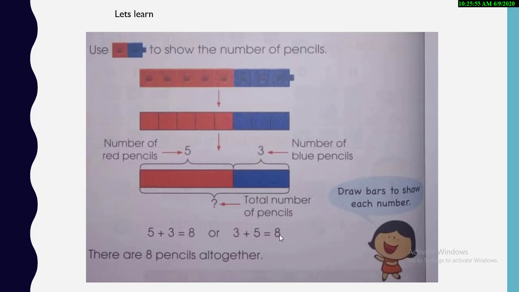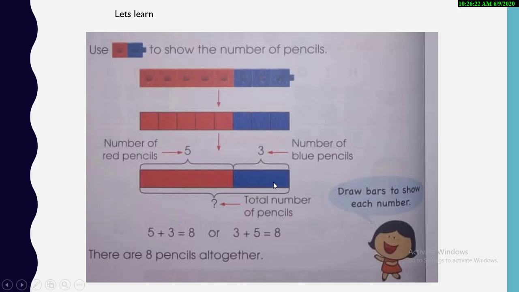But in subtraction, it's not possible. If you change the places of the numbers, your answer will be wrong. So this strategy you can use only in addition. You can change the places of the numbers like 5 plus 3 and 3 plus 5, but the answer is 8. So there are 8 pencils altogether.